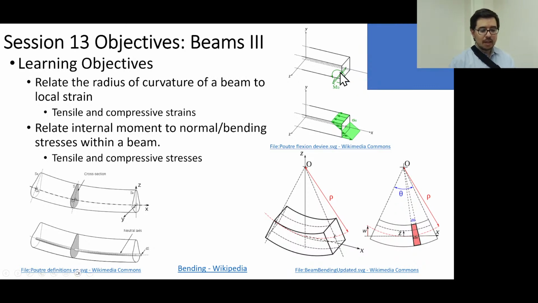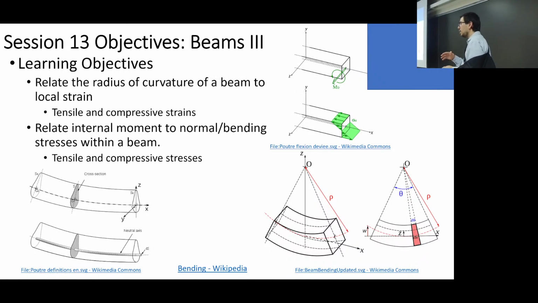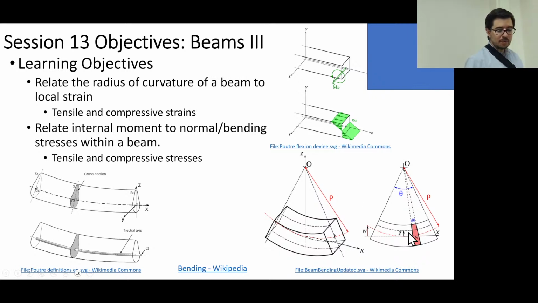And then if you have a moment inside the beam, we actually get a set of stresses where above the middle of the beam they might be in compression or tension, and then below the middle of the beam they're the opposite. Okay, and you can kind of see that here?